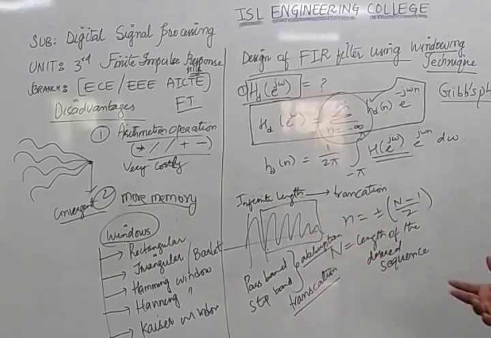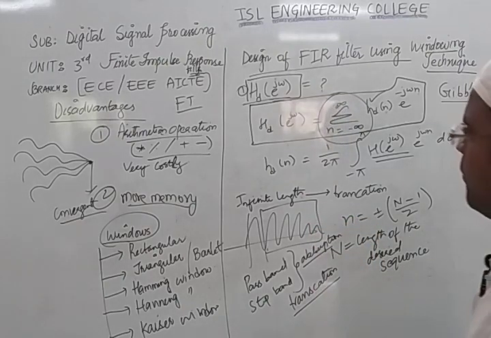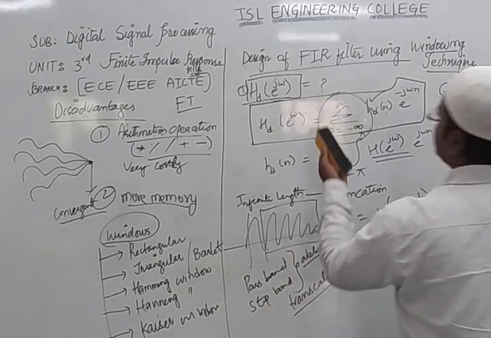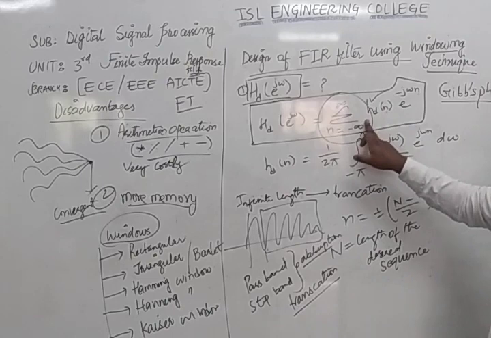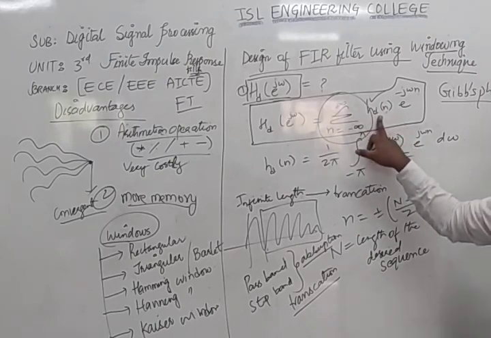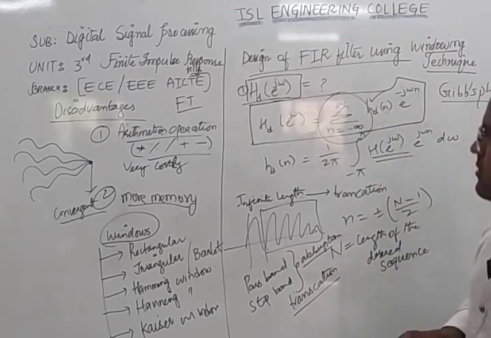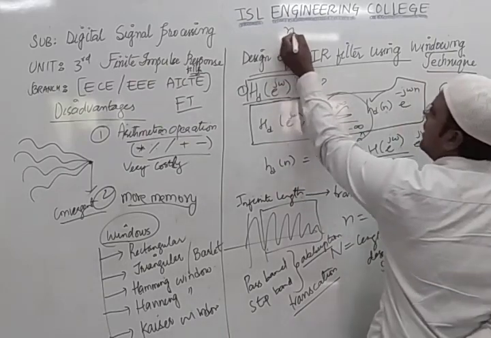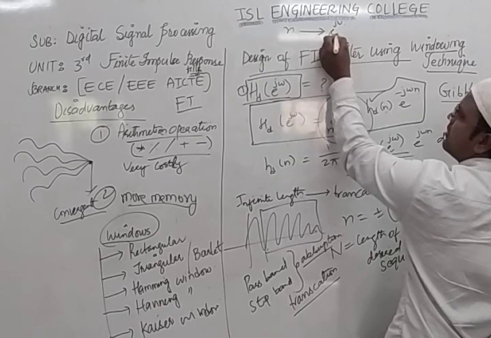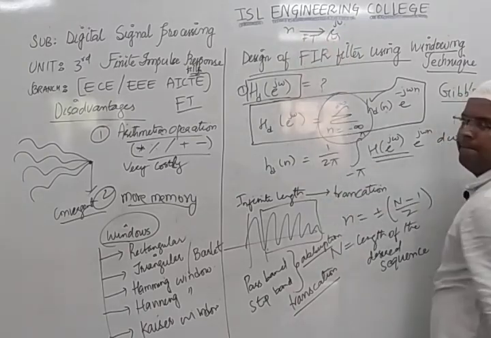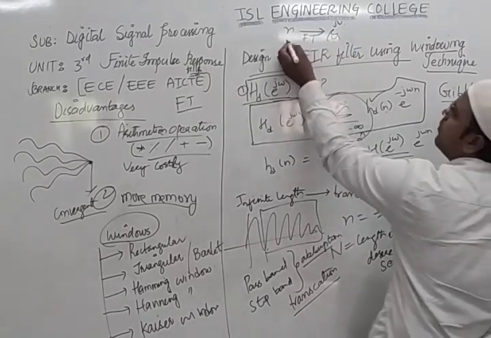In that, how do we define the window? That is one criterion we should know. So first, students, we took the HD of e power j omega. We had this formula. In that we required HD of n, because what is the Fourier series all about? It converts the n domain to the e power j omega domain, the omega domain, by using the Fourier transform. If you want to apply the inverse, then omega to n domain.